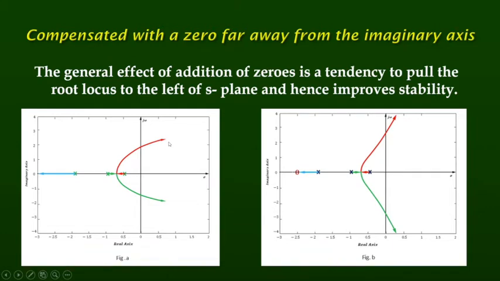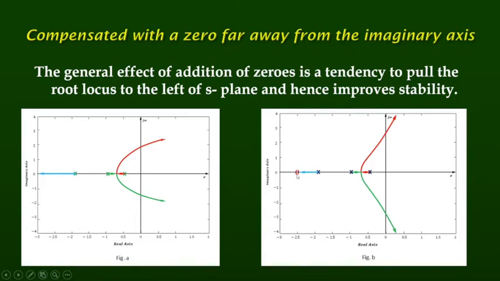That means the root locus crosses the imaginary axis. Now let us see the change in the shape of the root locus for an addition of a zero. The selection of the zero plays an important role in the compensation.